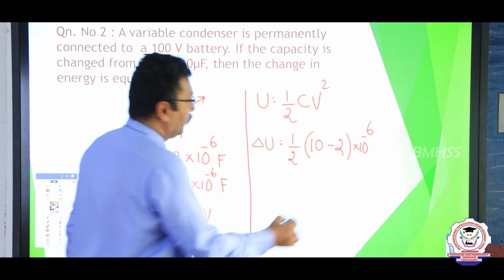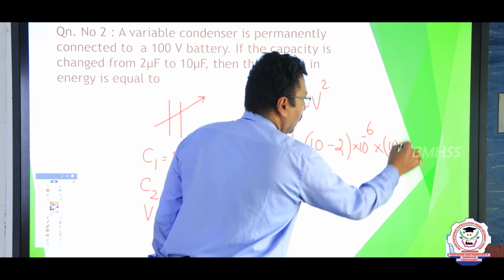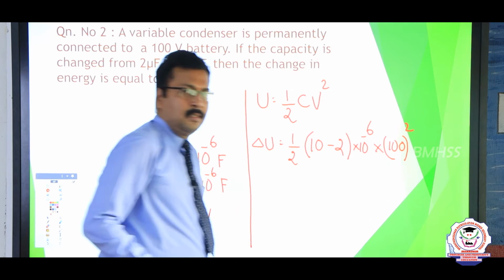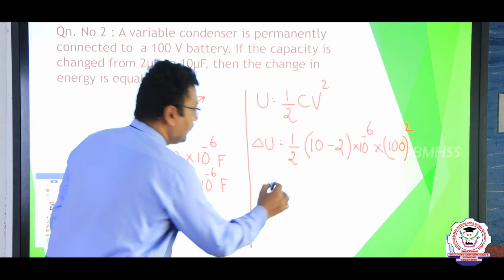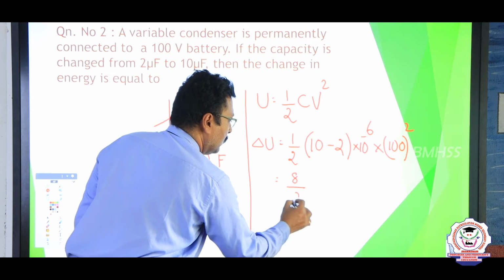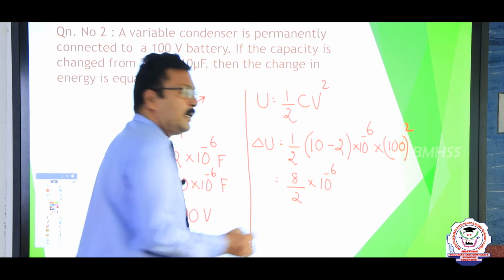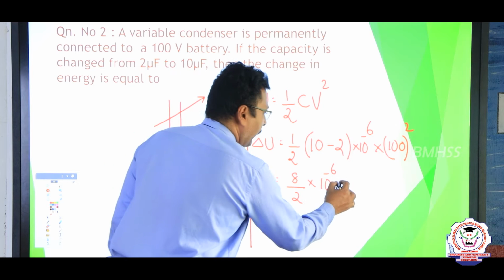V is 100 volts, so 100 squared. Let me simplify this. 10 minus 2 is 8 by 2 into 10 to the power minus 6, and 100 squared is 10 to the power 4.